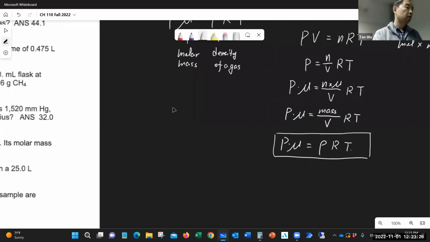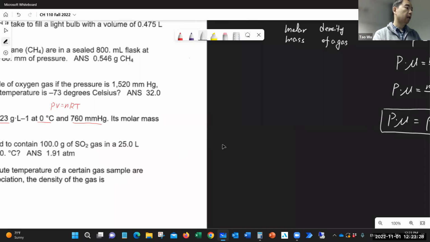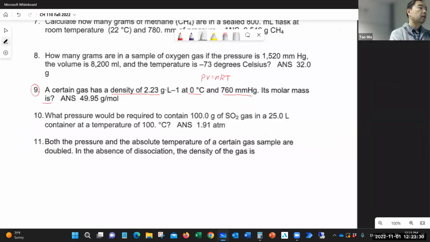All right, let's go back and look at this equation again. We have PV equals nRT, and then we convert that to P times the molar mass of the gas equals the density of the gas times R times T. So now you have the density of the gas, which is 2.23 grams per liter.